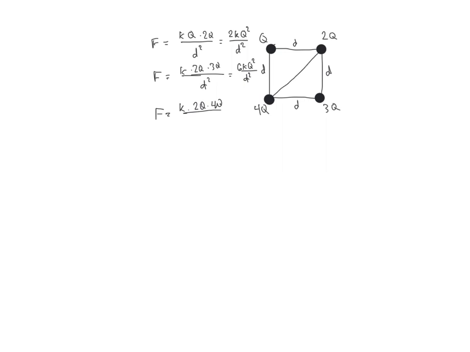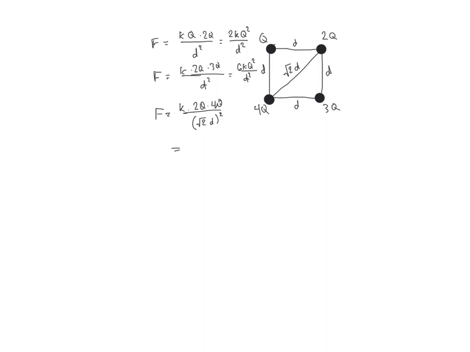And that can be done either using the Pythagorean theorem, the square root of D squared plus D squared, or if you remember the properties of the special right triangles from geometry, this is a 45, 45, 90 triangle, and that hypotenuse of that triangle is just equal to the square root of 2 times D. So that is what is going to get squared. Square root of 2 times D, that whole quantity squared.